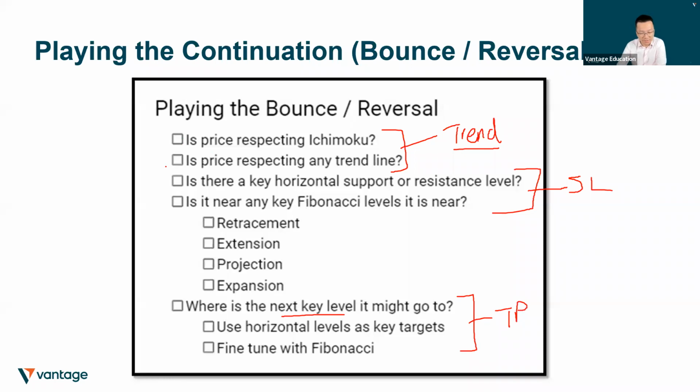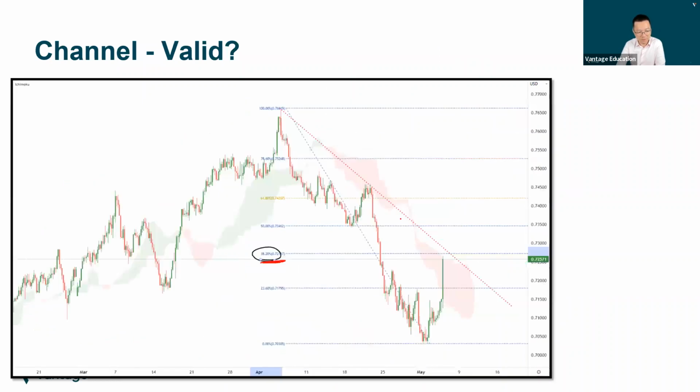So now basically, if I did draw this out, you can see, hey, is price respecting any trend lines? We got, for example, a trend line towards the downside. If price is respecting, we got the trend. If it's reacting to any key levels, based on our example just then, we had a key level, right? So we know our stop loss is above that key level, and then our take profit will be below. Coming back to this example again, it's respecting the Ichimoku along that trend line, horizontal level.